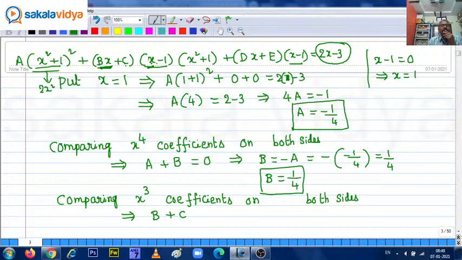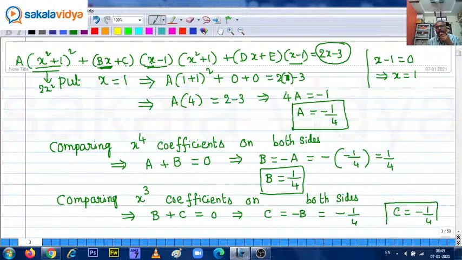Next cx into x square, cx cube plus c equals to 0. Now c equals to minus b. That will be minus 1 upon 4. C equals to minus 1 upon 4. Right, C value obtained.